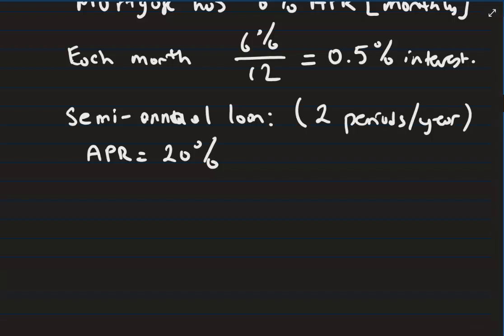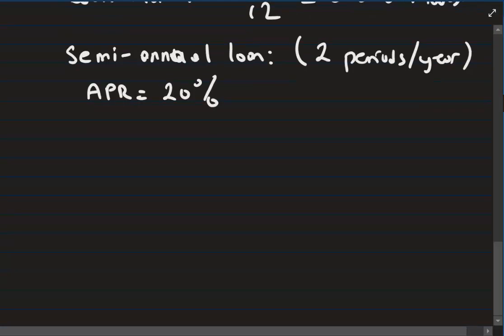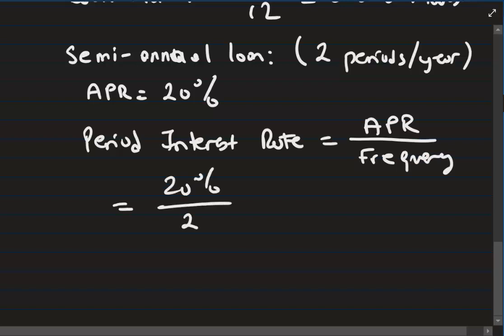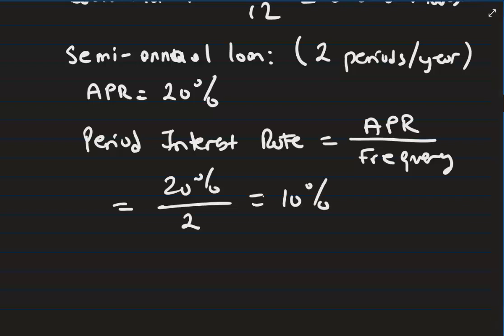The answer is actually no. Period interest rate is easy to calculate. It's APR divided by the frequency. In this case, 20%, and we have 2 semi-annual periods in a year, so 10%. Then that means on this loan, every 6 months, you are going to be charged 10% interest.